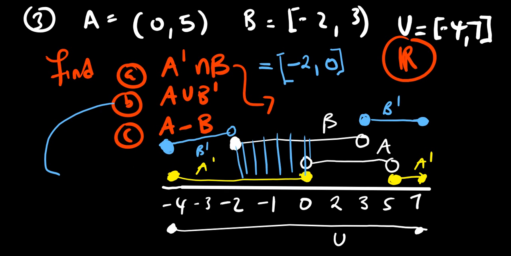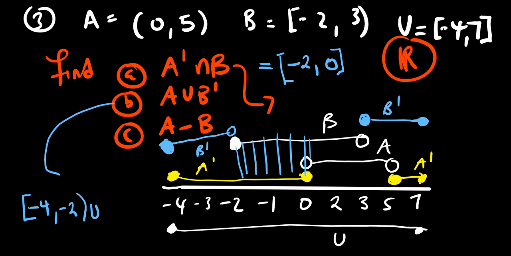So you are moving from negative 4 to 2. Okay, so this is negative 4. You're combining all of them to 2. 2 is not found in B complement, so meaning you're going to close their union.